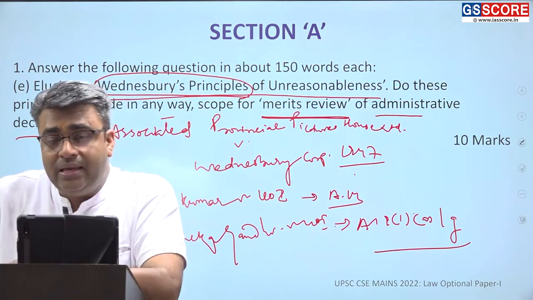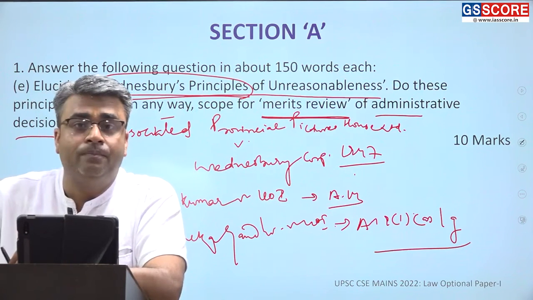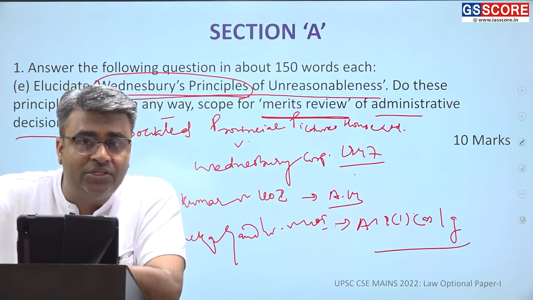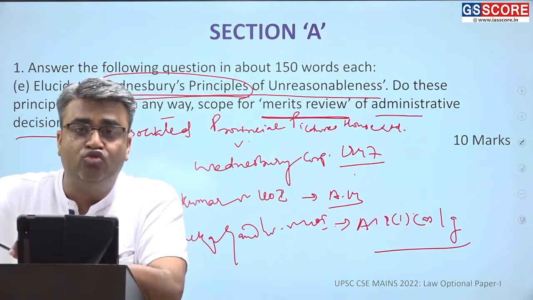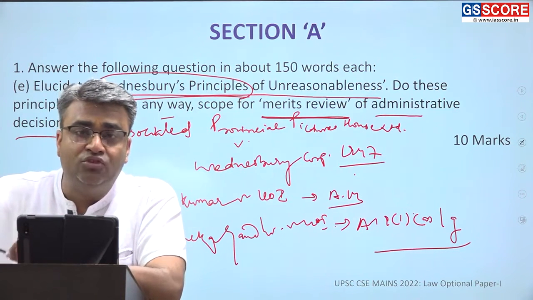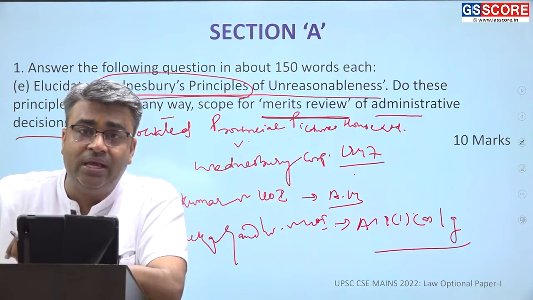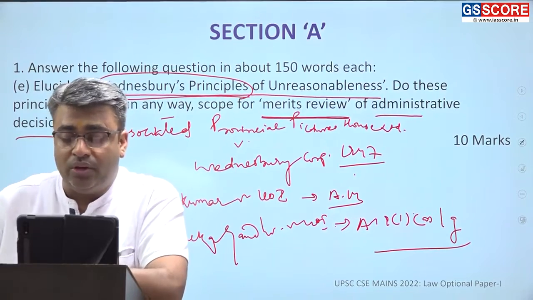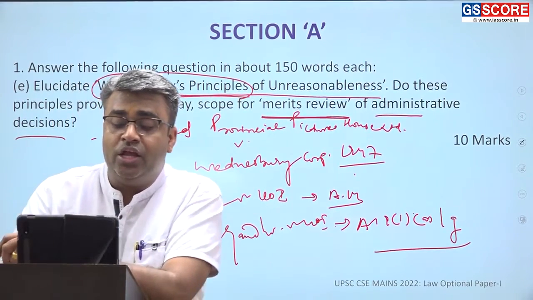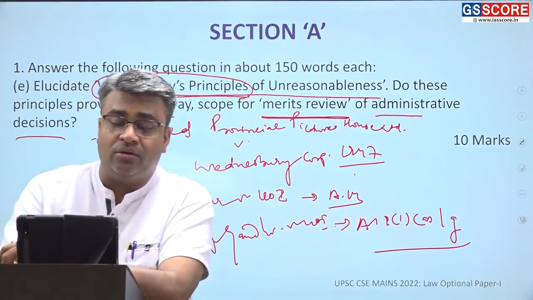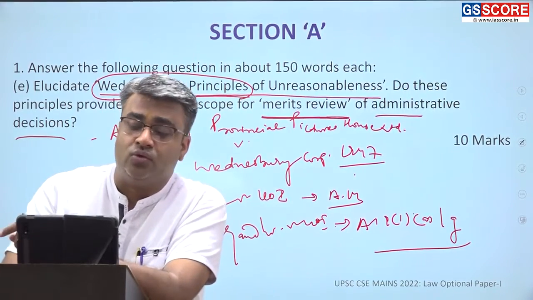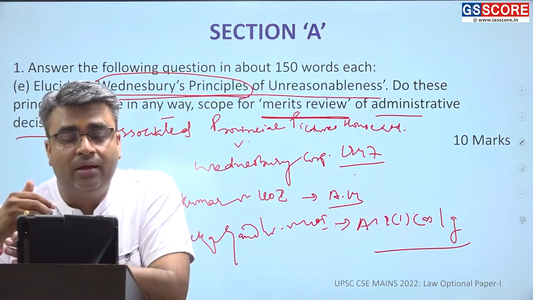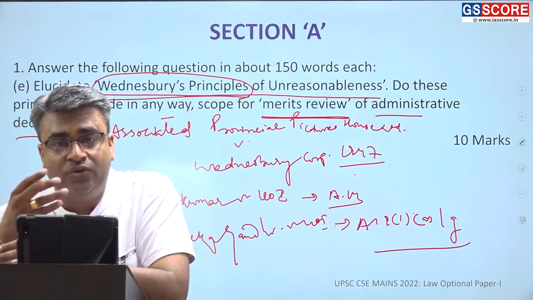So whatever administrative action the administration takes, it should be proportional and reasonable. If it is unreasonable, then in the name of administrative action you cannot save yourself.